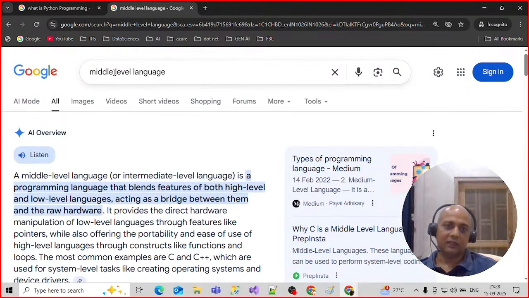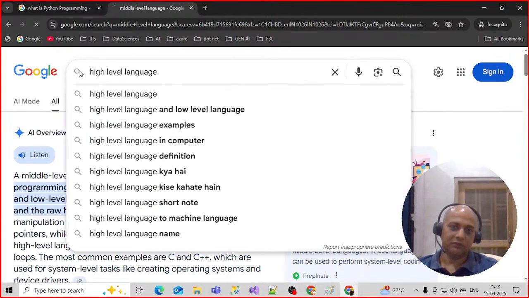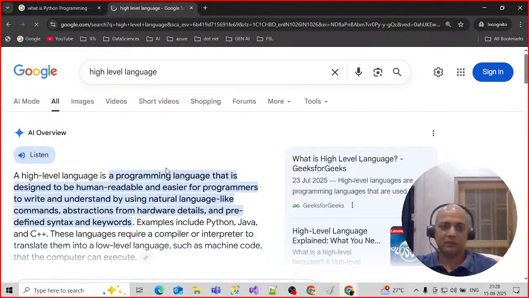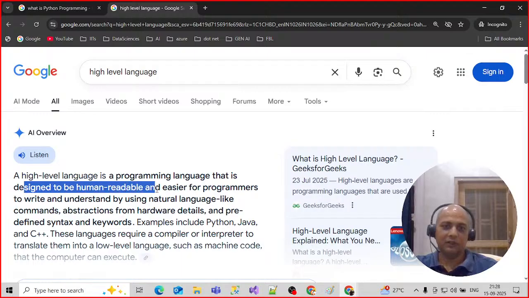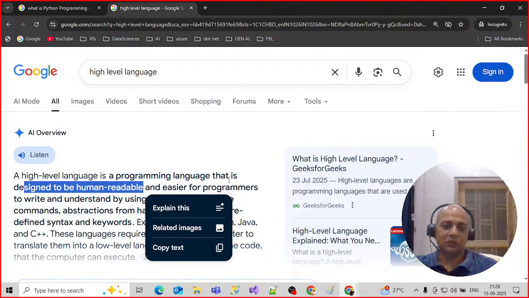And then after that came high level language. A high level language is a programming language that is designed to be human readable, right? Today you are writing print hello.